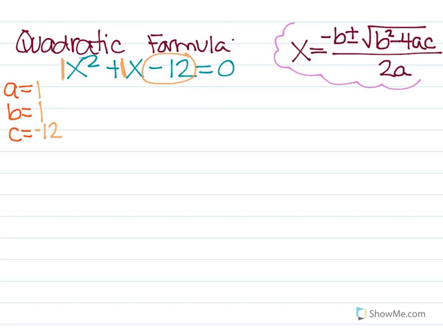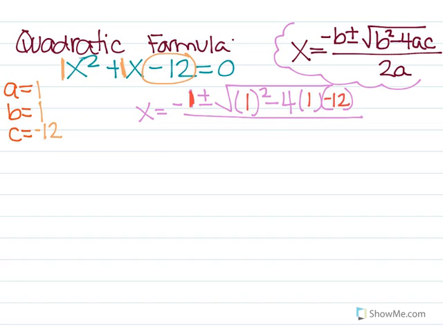Now when we plug these values into the formula, we will have x equals negative 1 plus or minus the square root of, your b value is 1, and then we're going to square it, minus 4 times our a value, which is also 1, times our c value of negative 12, all divided by 2 times our a value of 1.